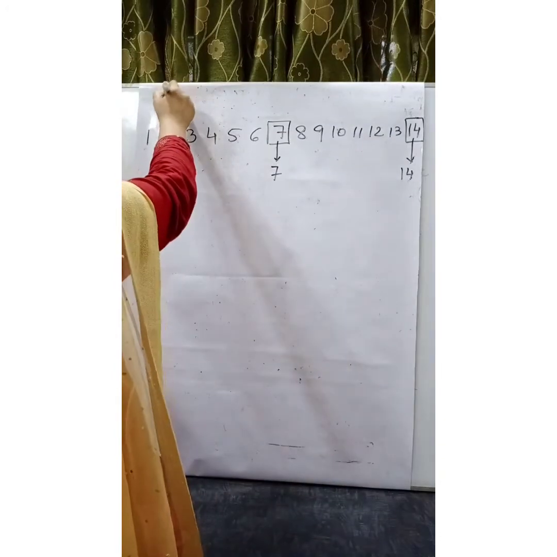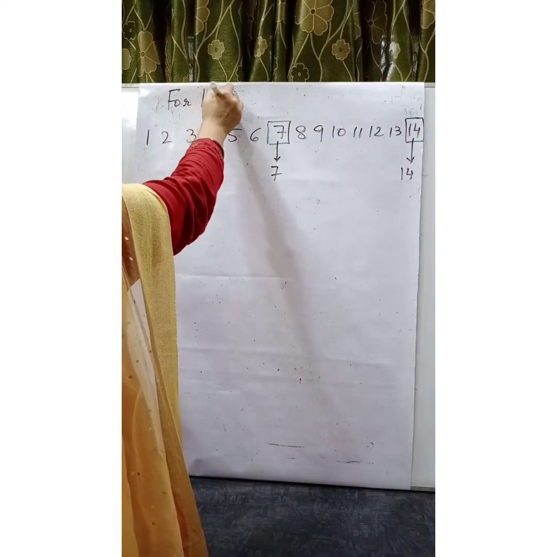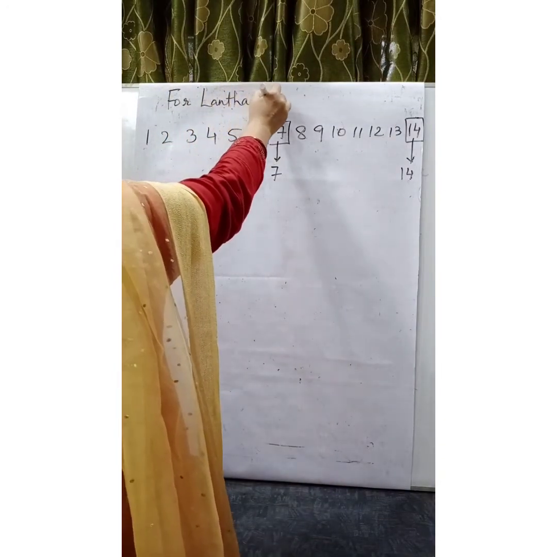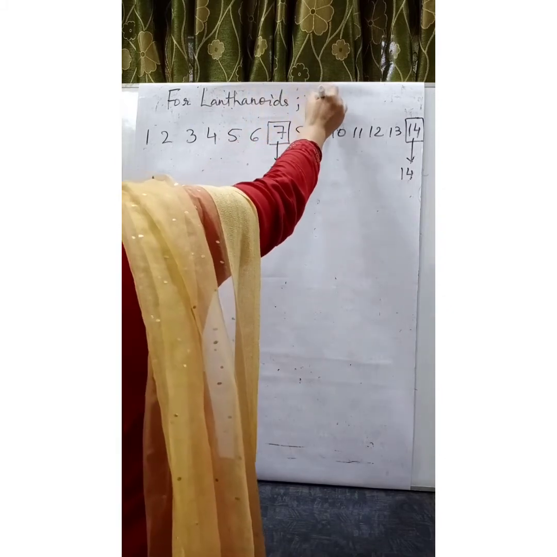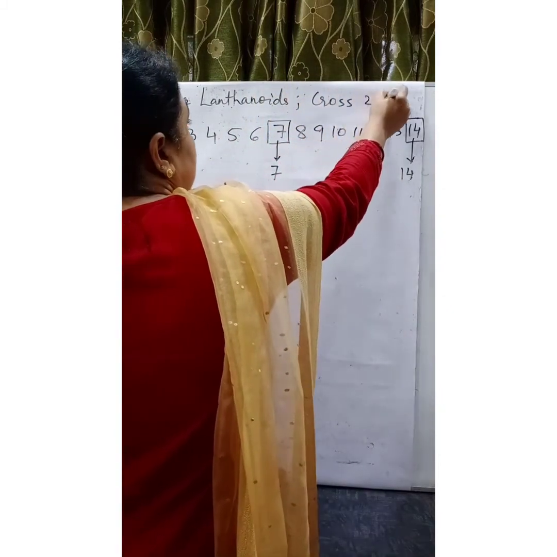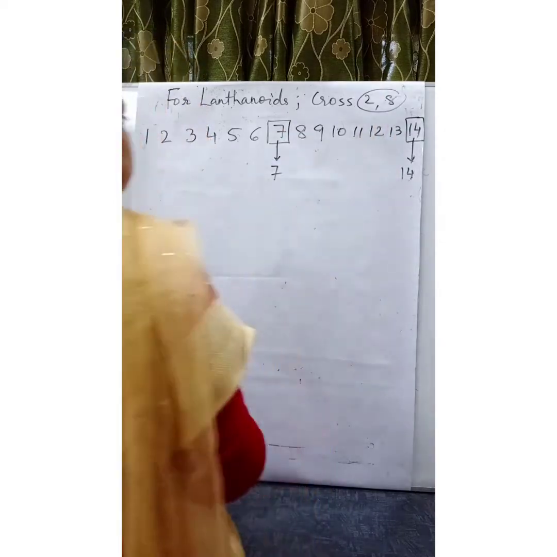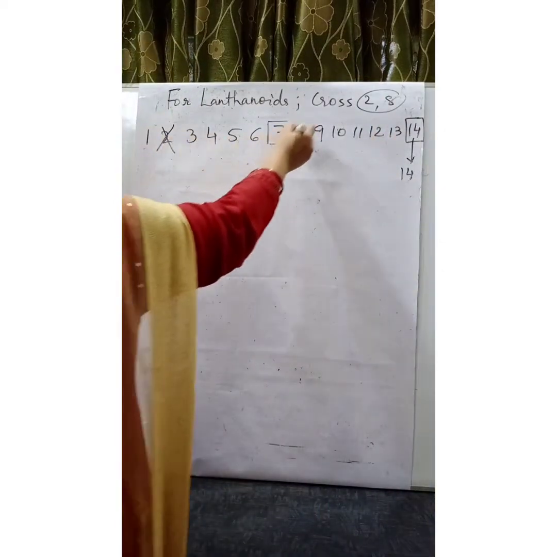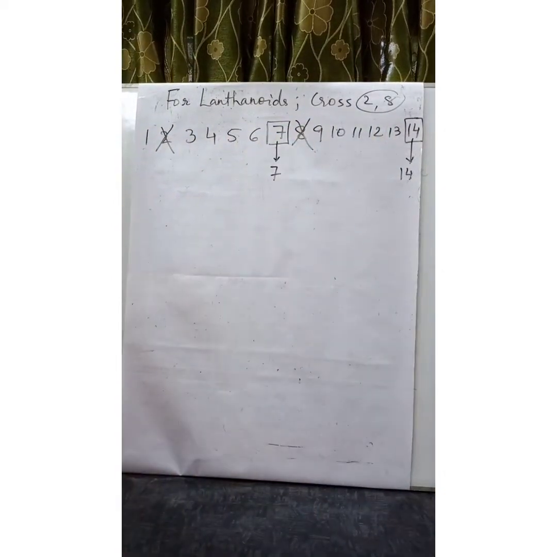Now for lanthanoids, cross number 2 and 8. Now we will put a series below this.